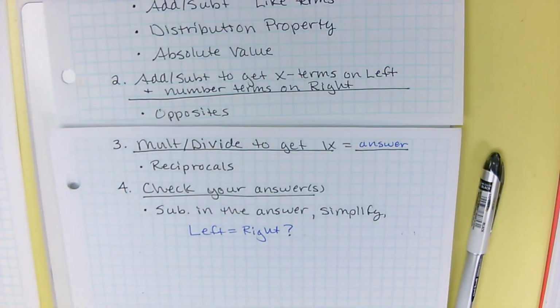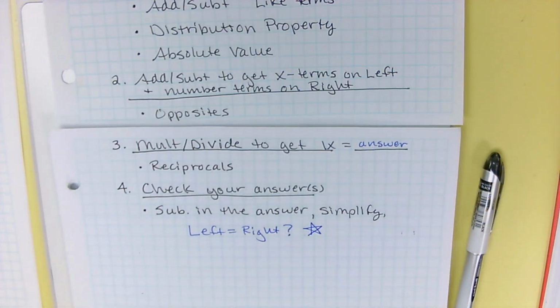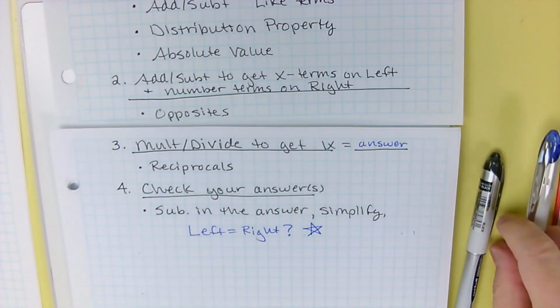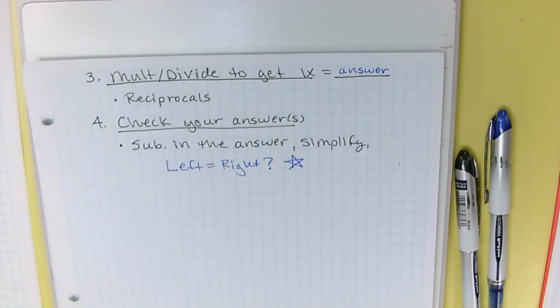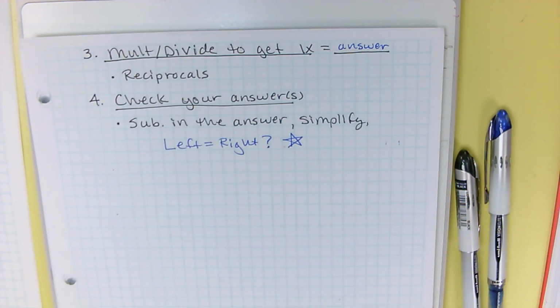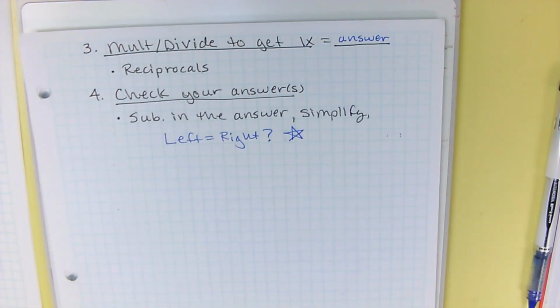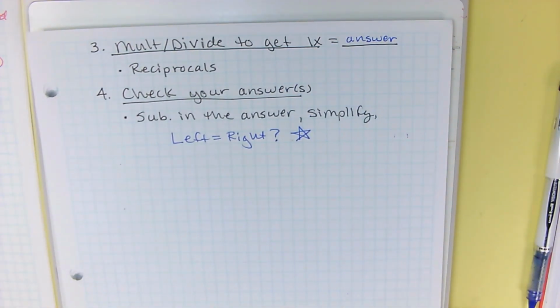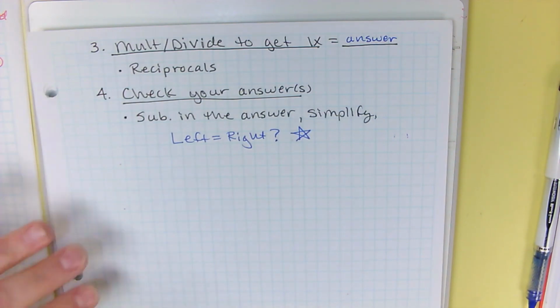If the left does equal the right, you have the correct answer. That is the ultimate test of any answer, is does it make the left of the equation equal the right, in which case it is actually the real answer, the real solution. All right, so those are the 4 basic solving steps.